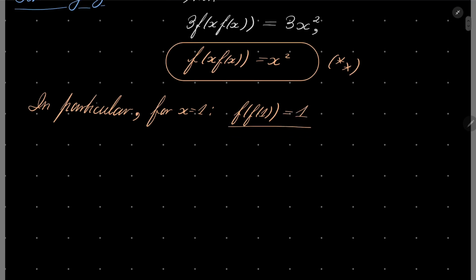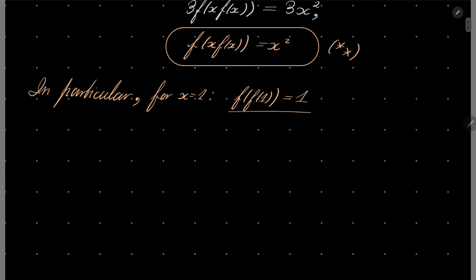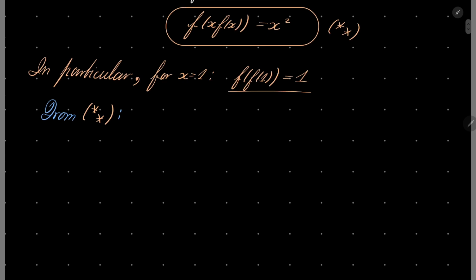Alright. And now, what I wish to do is to take again this equation, so from the equation which I marked double asterisk, I can write the following. Follow me.